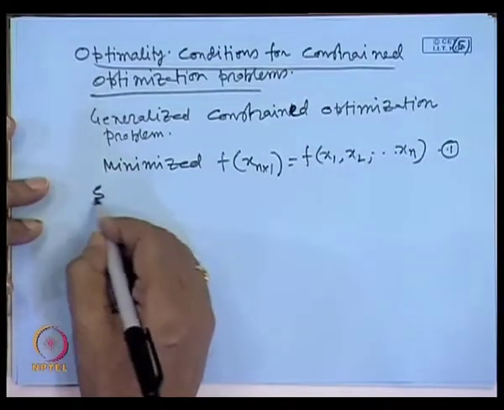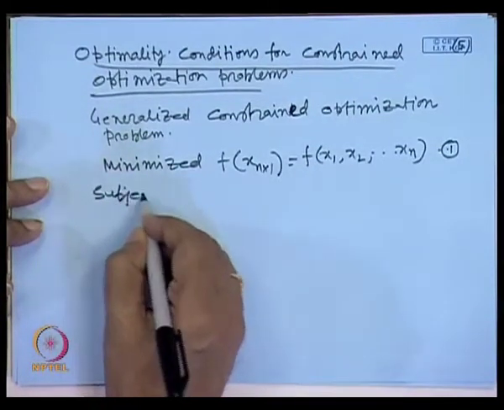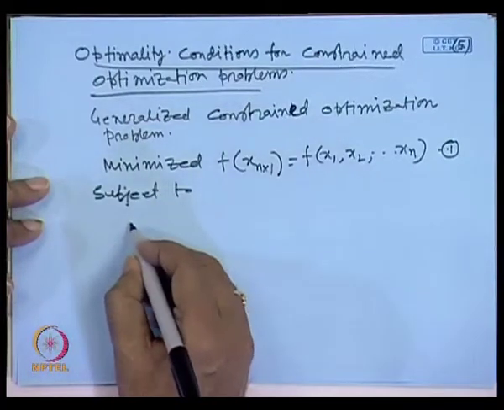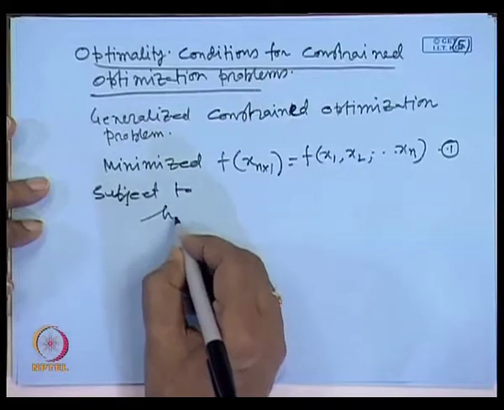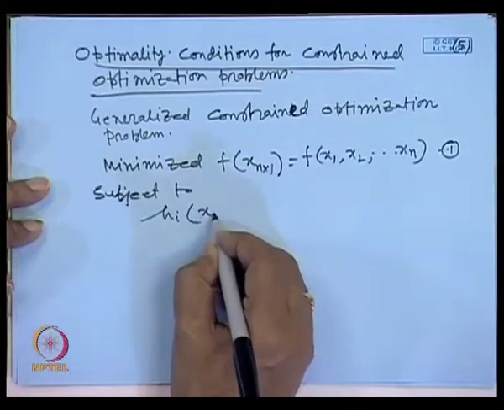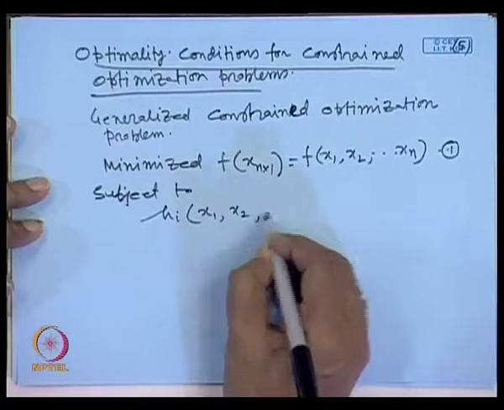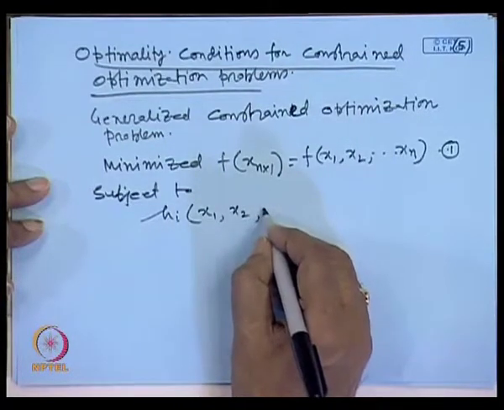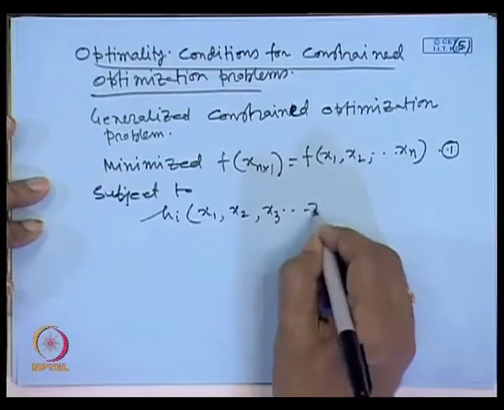Subject to equality constraints: we have h i, which is a function of all the decision variables, though some functions may depend on only a few, like x 2, x 3 up to x n.